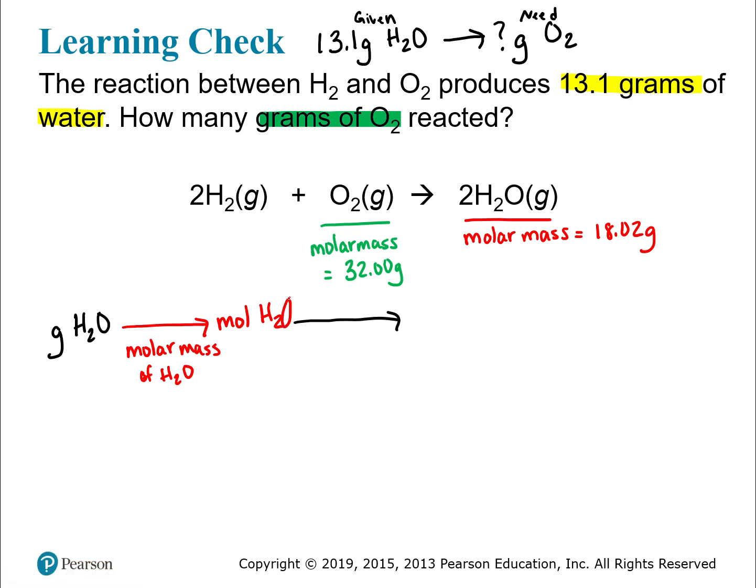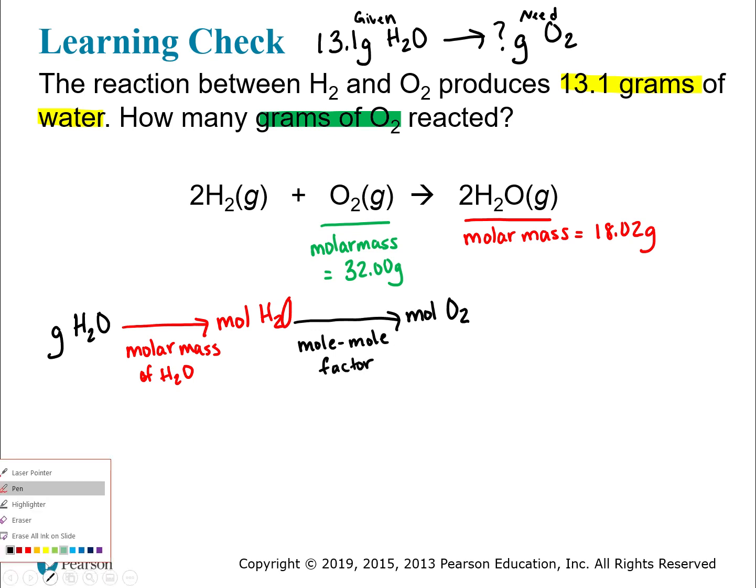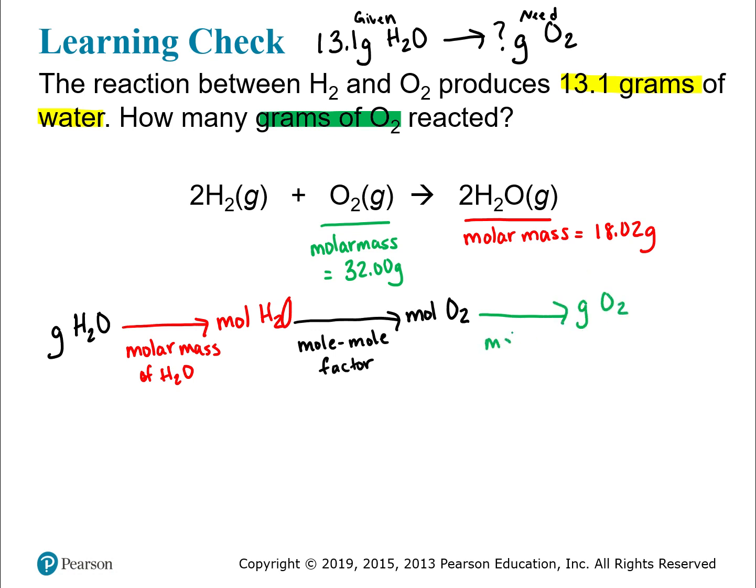That's not water anymore. There we go. We take the moles of water and convert to moles of oxygen gas. That's using our mole-mole factor. Then we take those moles of oxygen gas and convert them to grams. You need the molar mass of oxygen to do that.